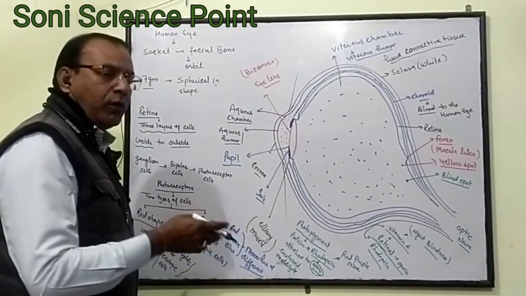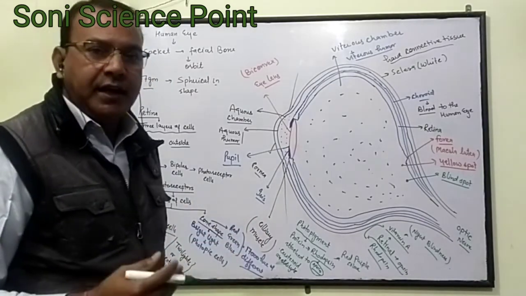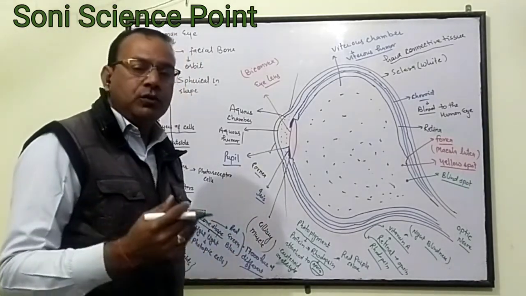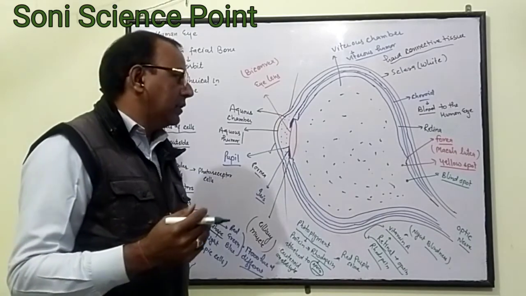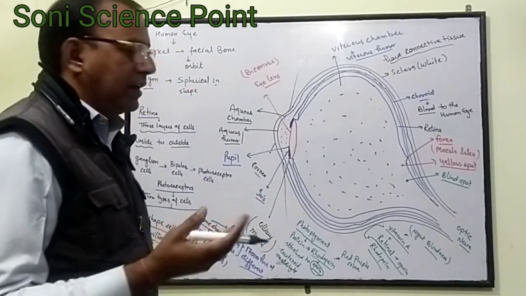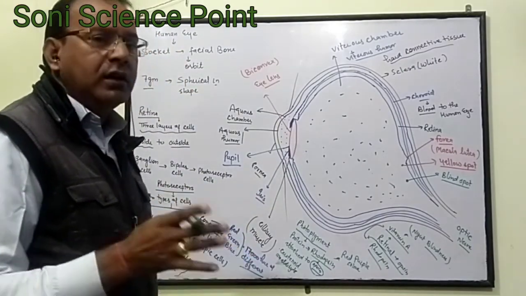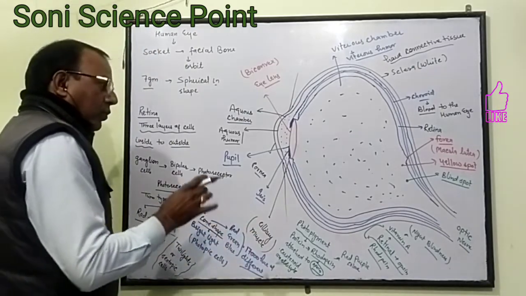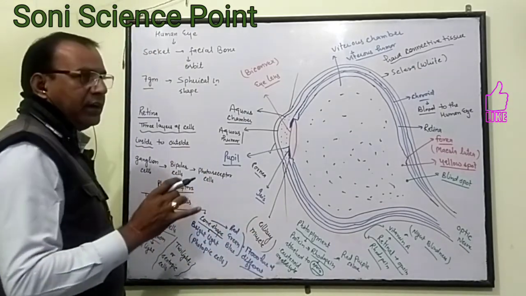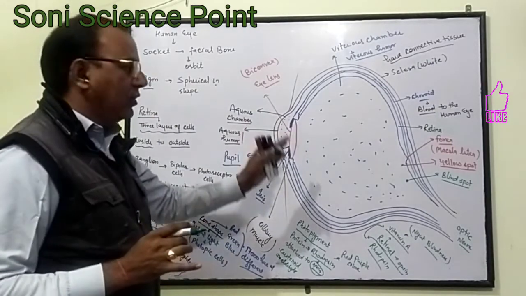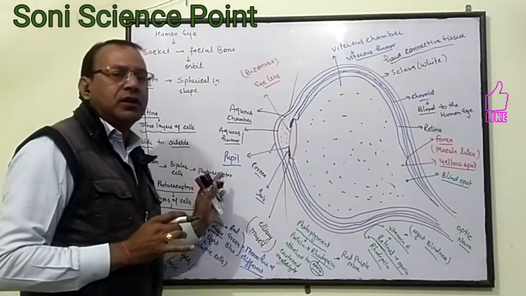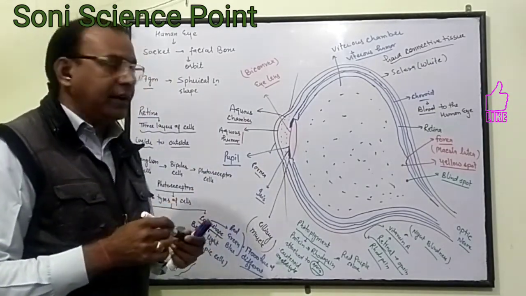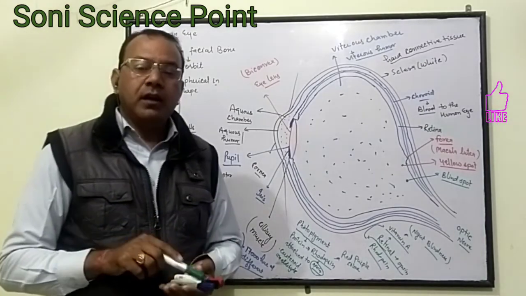If vitamin A is lacking or reduced, then the person is not able to see objects well, at night or in daytime. So vitamin A is very important for the human eye. This is the structure of the human eye and how its function is performed. In the next part, we will discuss the human ear.